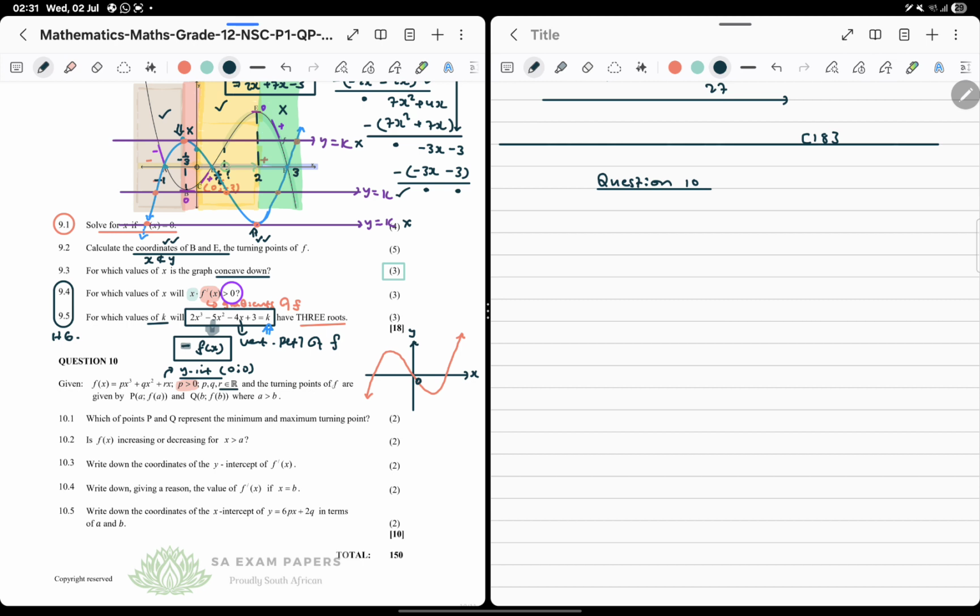Cool. And the turning points of f are given by P, which is (a; f(a)), and Q, which is (b; f(b)), where a is greater than b. So now if a is greater than b, it means this turning point is a, where that turning point is b. Okay?